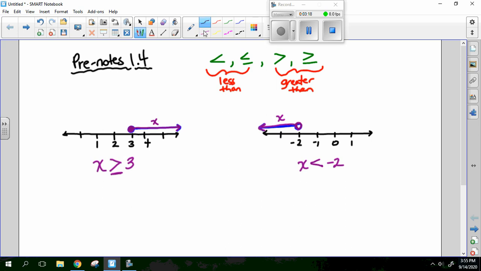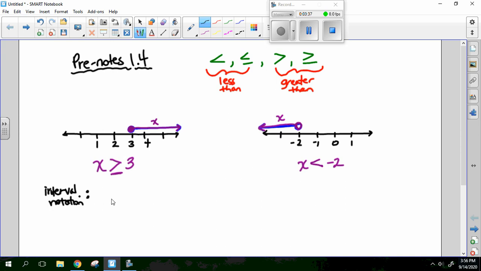Another way to do it that we're going to have to learn is called interval notation. An interval is something that almost looks like an ordered pair.